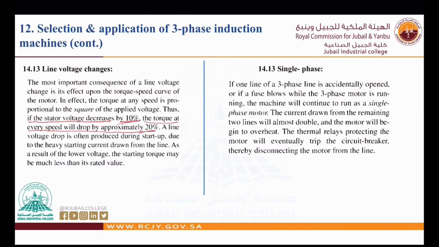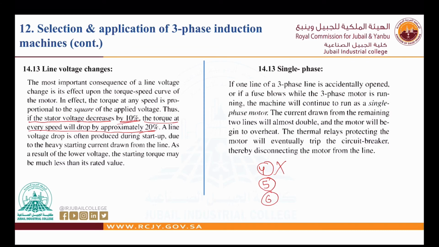For single phasing, if you have three phases, as we said, in the lab we have 4, 5, 6, and if we lose one of them, we will have two phases. The motor is now connected to two phases only. If one winding loses its supply, we will not have current inside and we will not have a magnetic field.